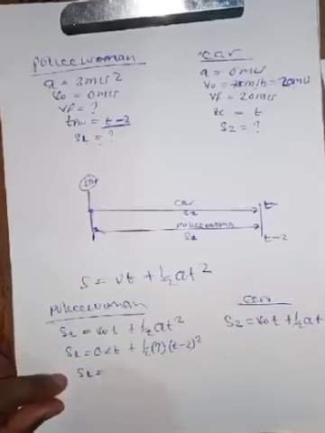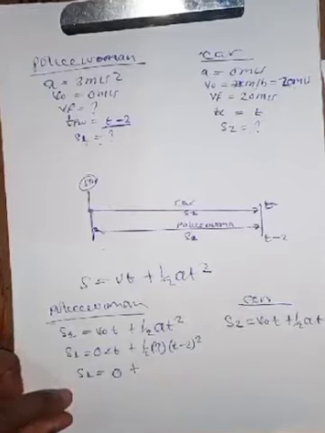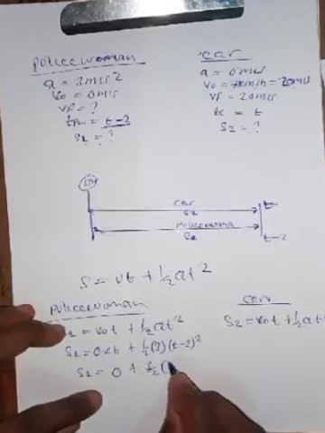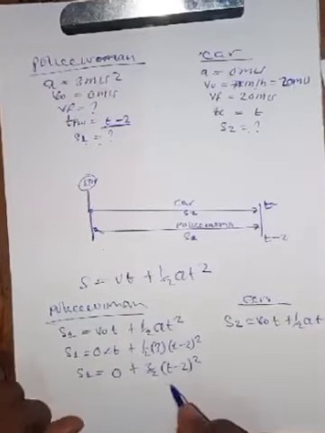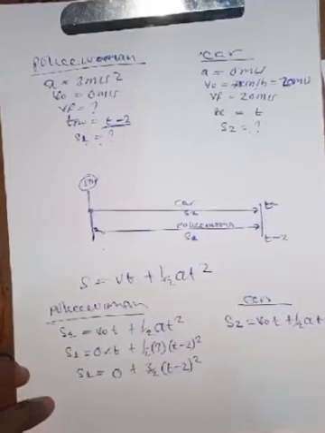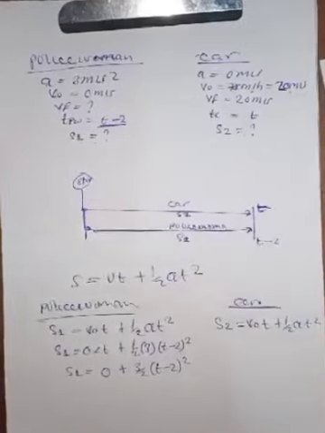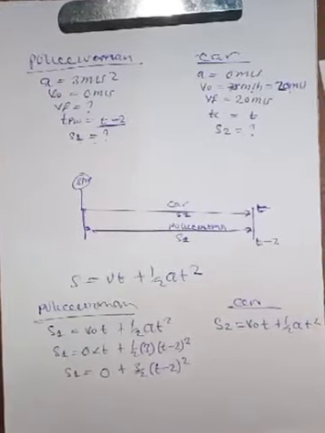So we're going to have S1 equals 0 plus 3 over 2 times t minus 2 squared. Good. 3 over 2 t minus 2 squared. That one is very important to take care of.